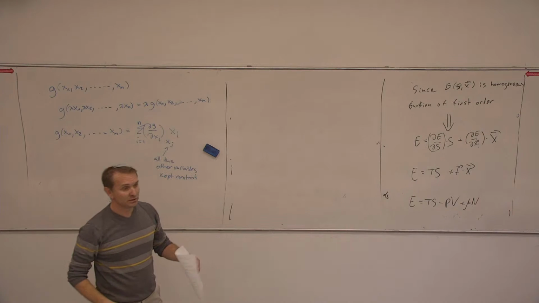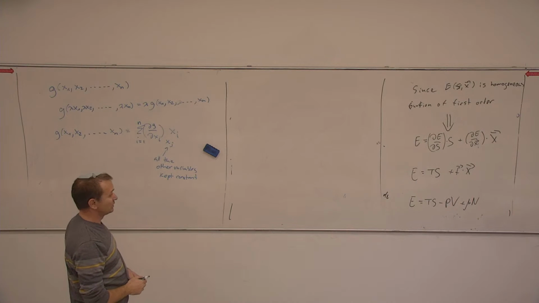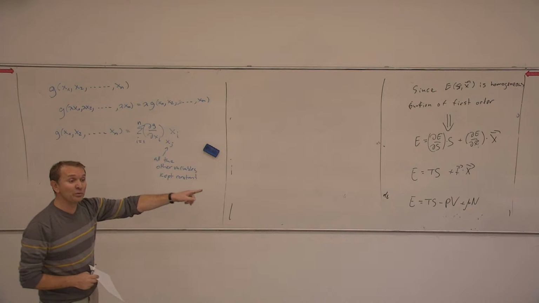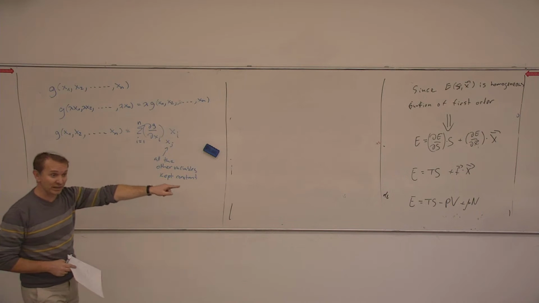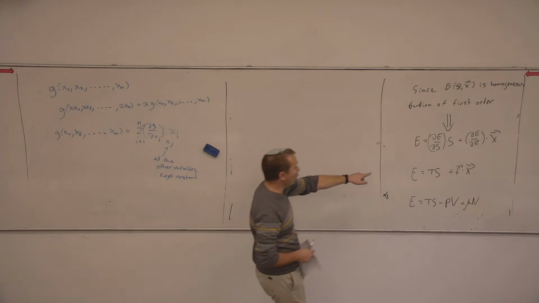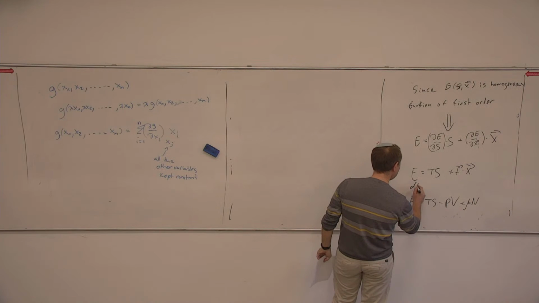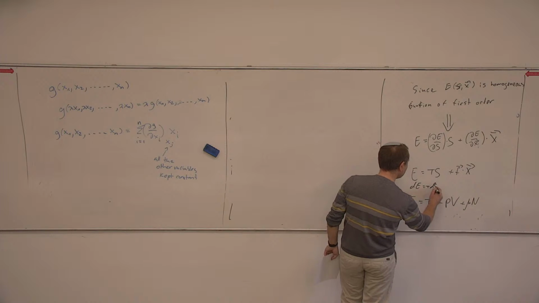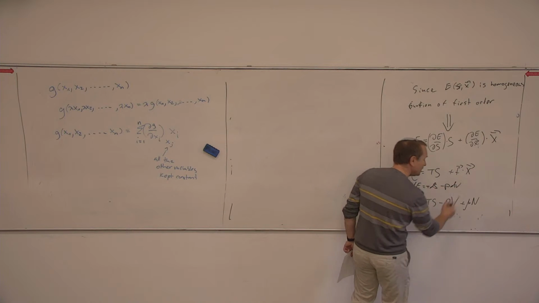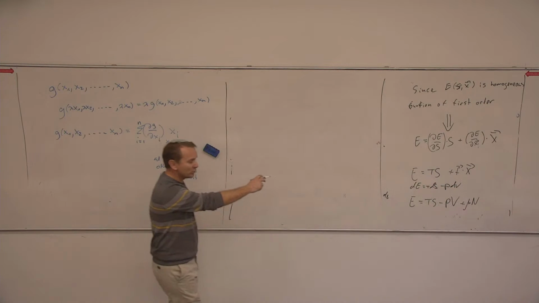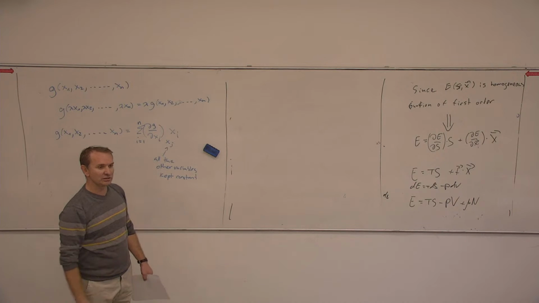In the equation E equals TS minus PV, where do we see that E is a function of S and V? You're right. We see it only from dE equals TdS minus PdV. You don't know what the variables are when you write it like this.